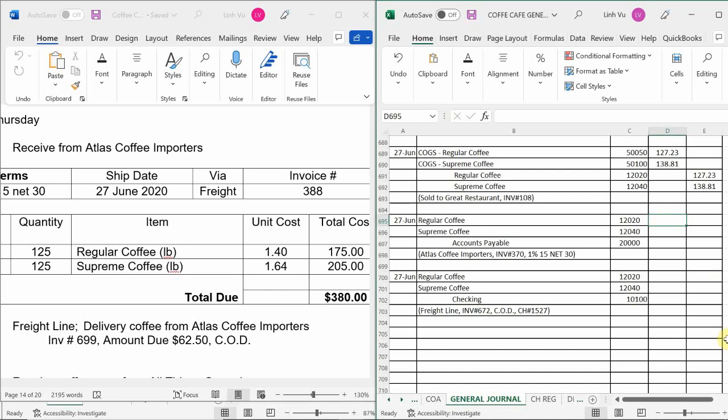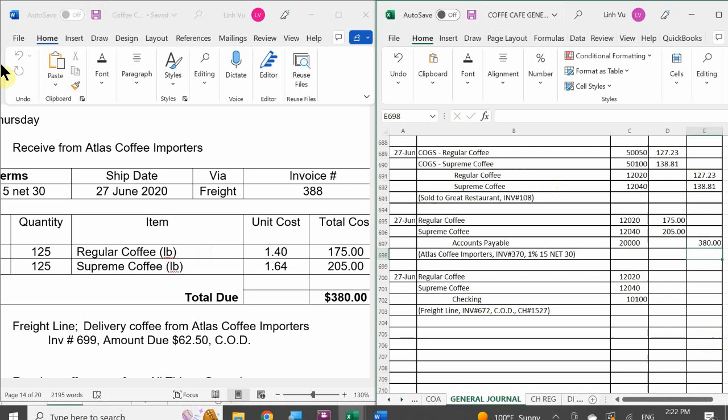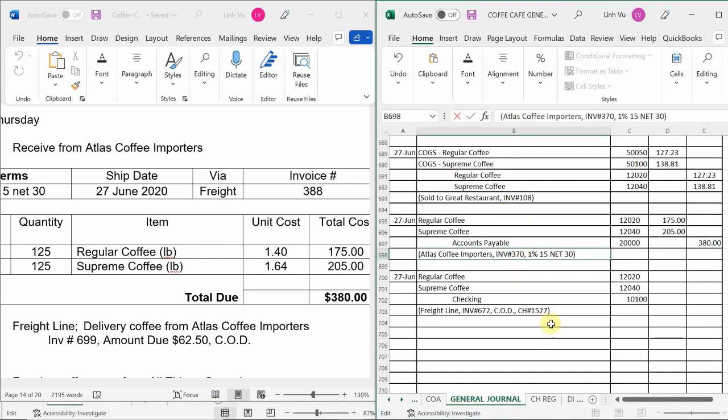We received regular coffee, 175, and our supreme coffee to be 205, giving us a grand total of 380. Okay, gotta change our invoice number here from 370 to 388. We also had to pay Freightline to deliver the coffee for $62.50.